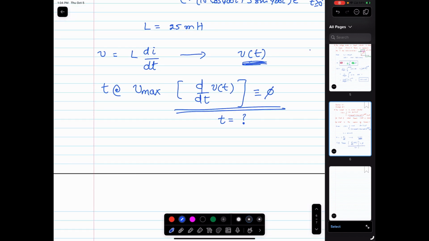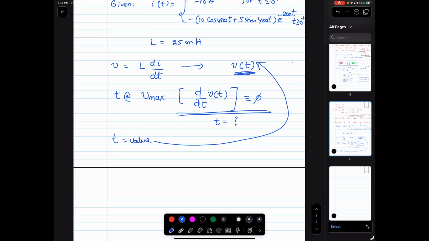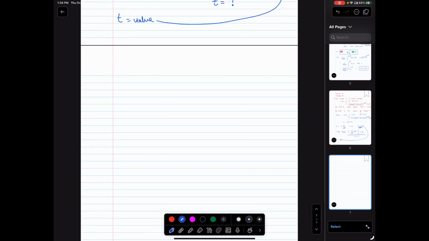Once you get a value for t, you can plug that value into the expression and you'll get a value for V maximum. Let us see how we go about doing that. So we start by writing V equals L di by dt.